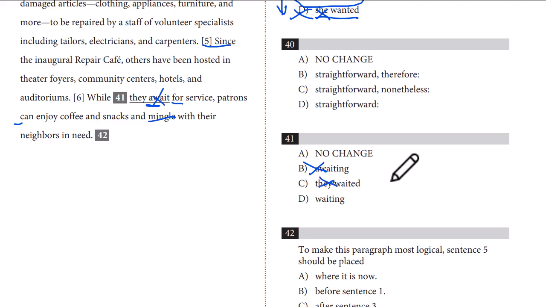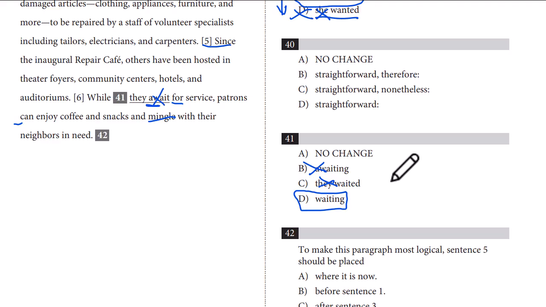While they waited for service, patrons can enjoy coffee. No, that's not right. It would have to be while they waited for service, patrons could have enjoyed coffee. While waiting for service. Yeah, in this case waiting, I believe, would be a gerund. While waiting for the purpose of service, I think that's the right answer, D. And again, I may not have to go through all that reasoning.